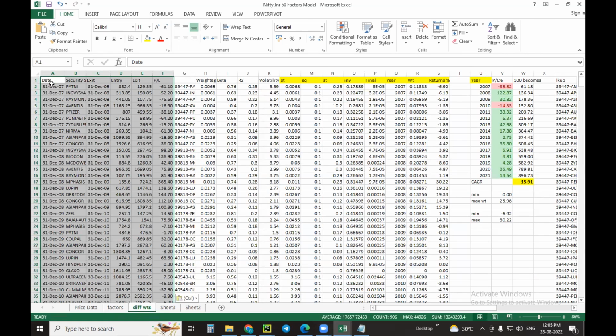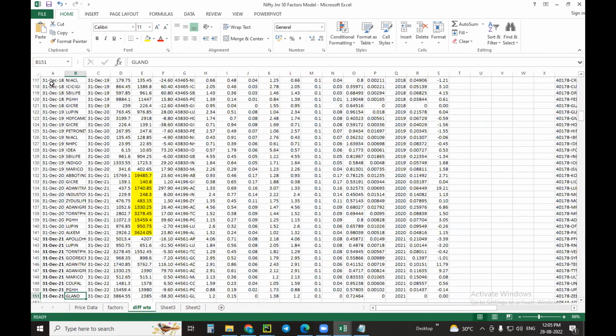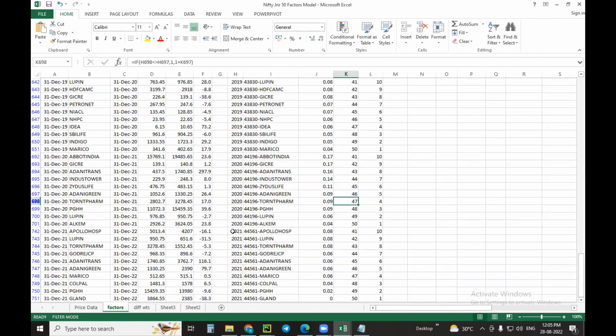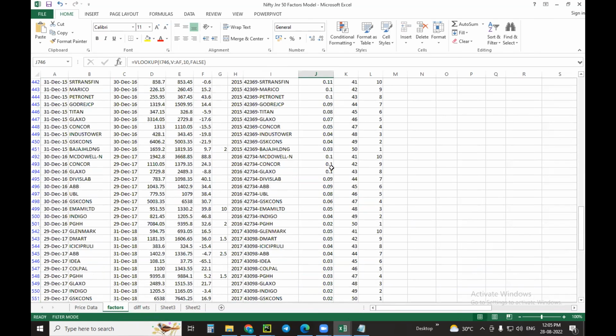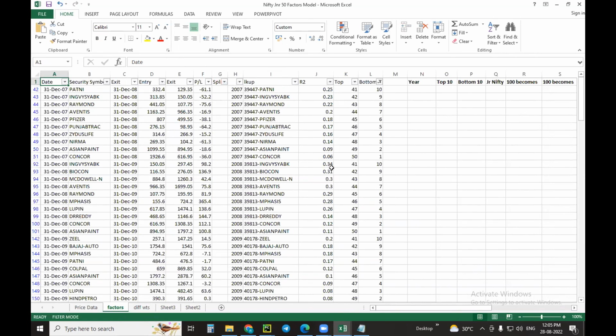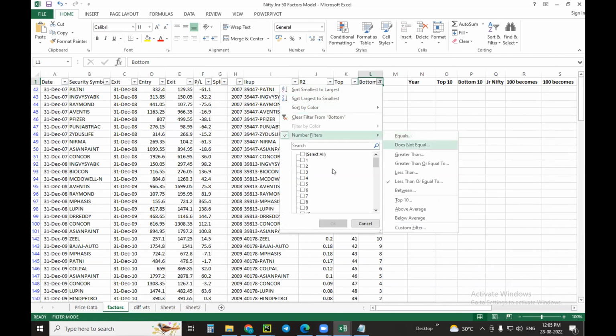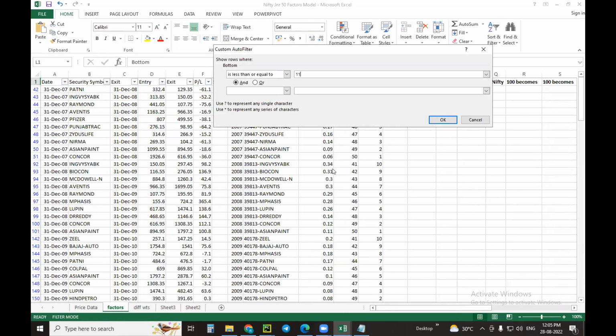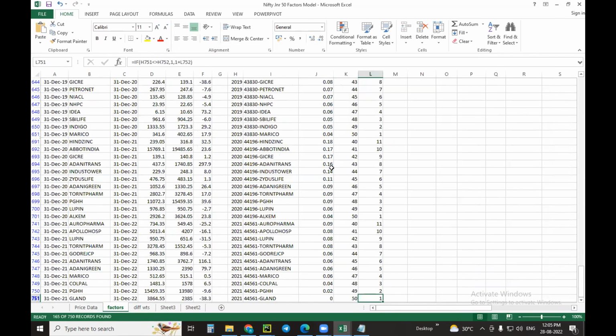Okay. Now, remove the Gland and replace with the 11th stock. That is double. I don't know, check. Unfilter and that is Oro.